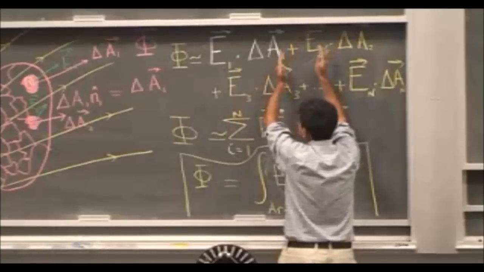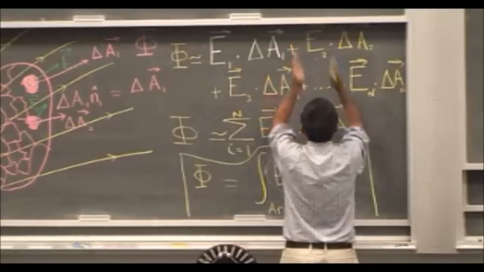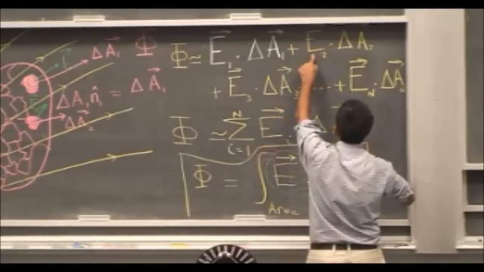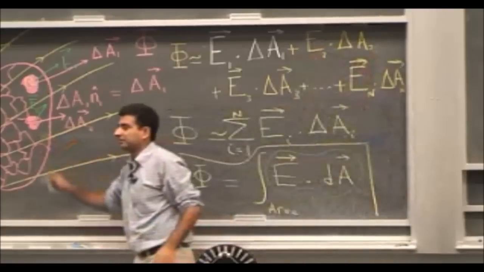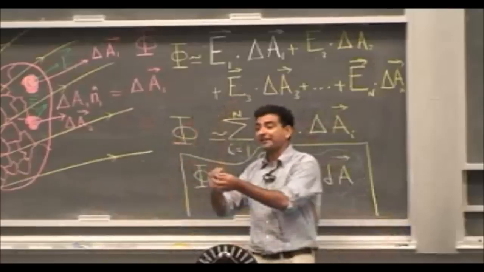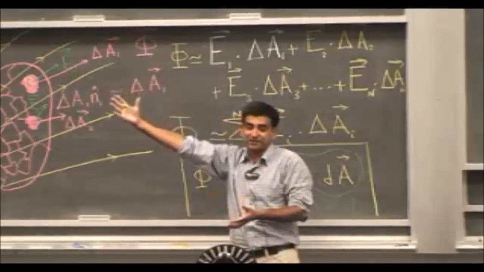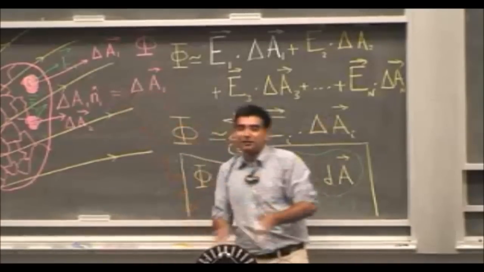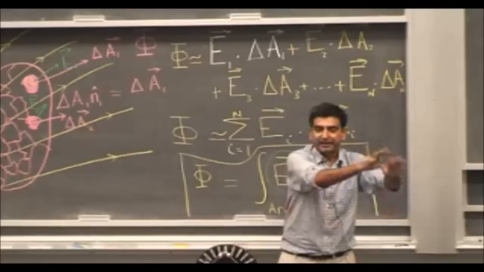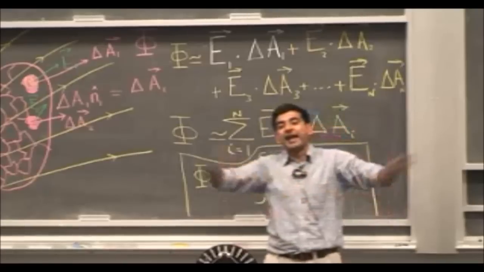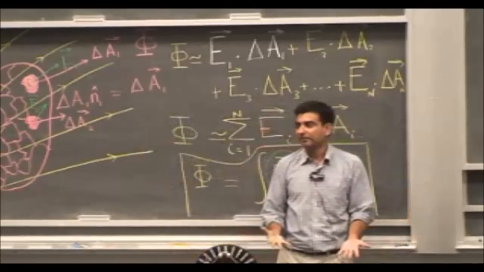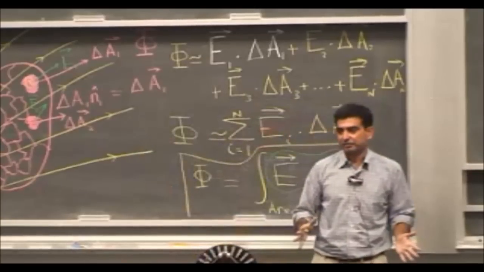So it's a different patch, different electric field, denoted by a different symbol, E2, indexed by the subscript, and I find the electric field's dot product with the area of this patch. So I'm not assuming that the electric field is constant. It's changing in space. And at each patch I find the electric field locally. What's the electric field on patch 1? I take its dot product with the small patch. What's the electric field at patch 162? I find the electric field at patch 162 and take its dot product with the area of patch 162 and add up all these products over the entire area and get the flux through the area. So I'm not assuming the electric field to be constant.